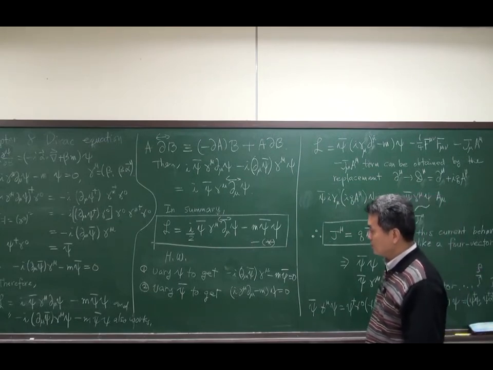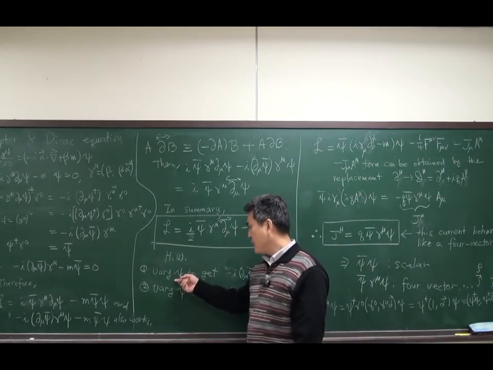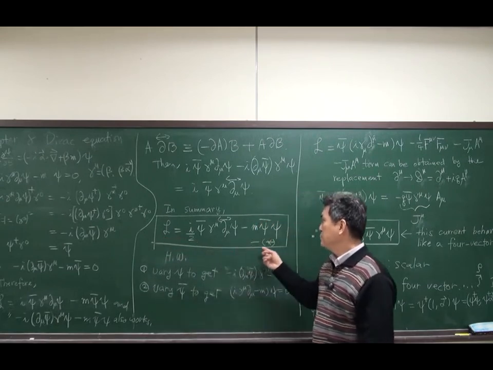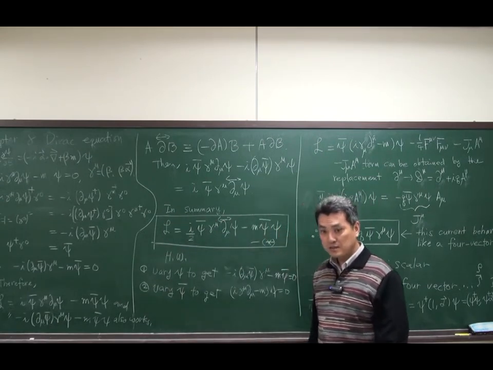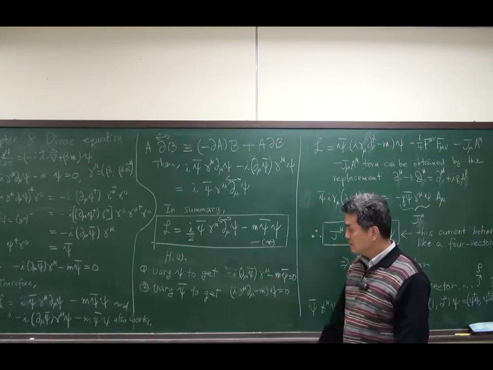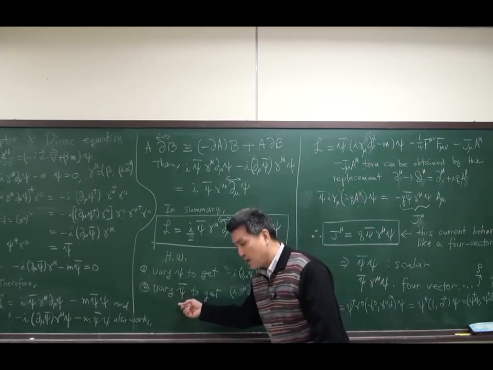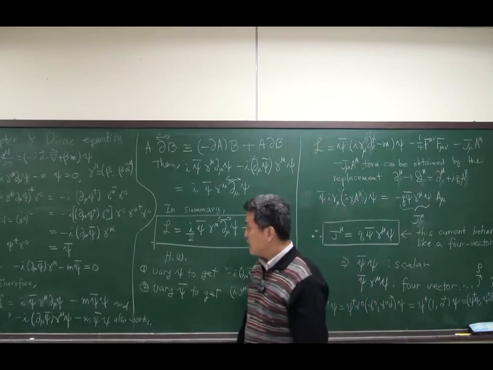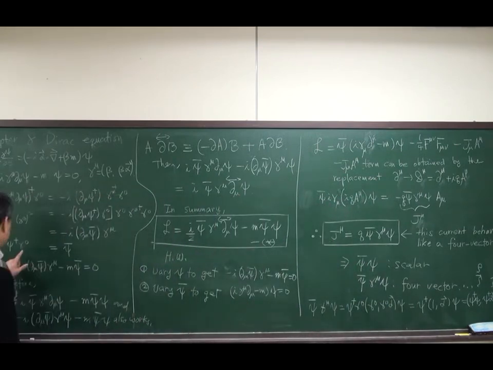So homework is to vary psi in this complete Lagrangian to find the equation of motion for psi bar. And vary psi bar. Psi bar is just psi dagger times gamma 0. I just multiply the constant matrix. So gamma 0 is not varied.